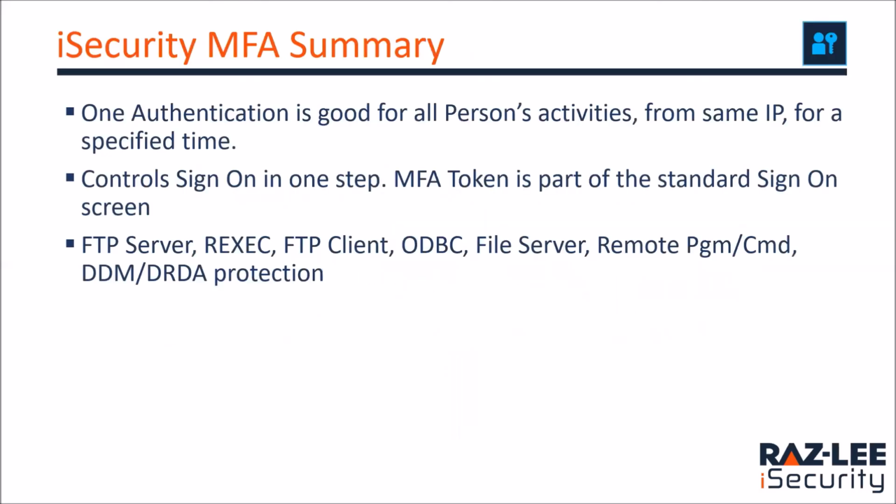So as a summary, we use multi-factor authentication, and we will prevent another person from entering with the credentials. We will not only protect the sign-on, we will also protect the FTP server, the FTP client, the ODBC, the file server, and remote program and command. These include the exit points.